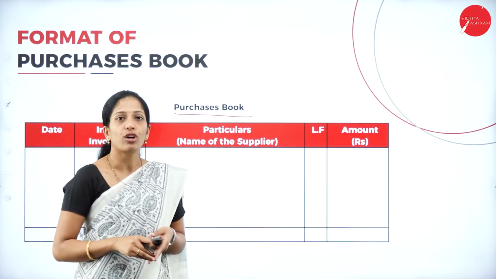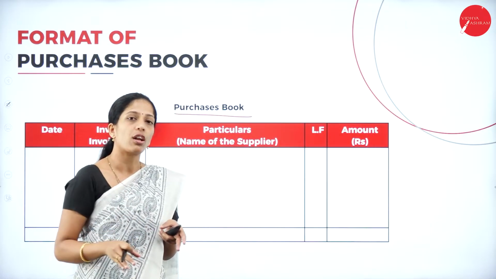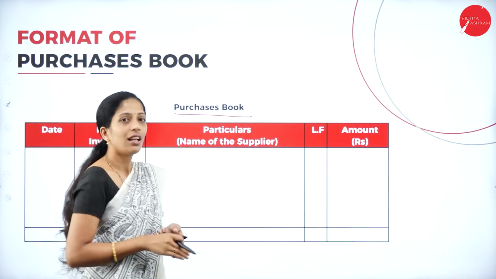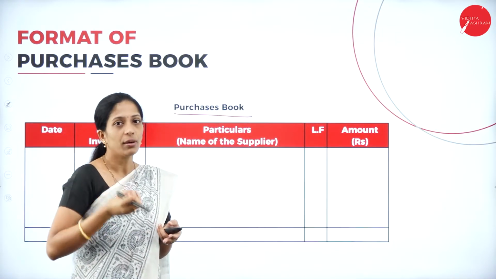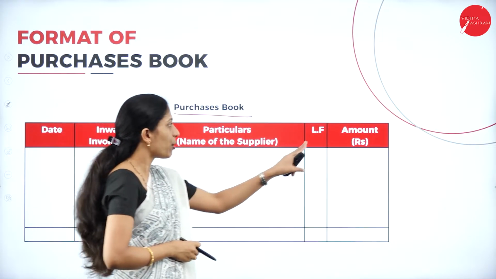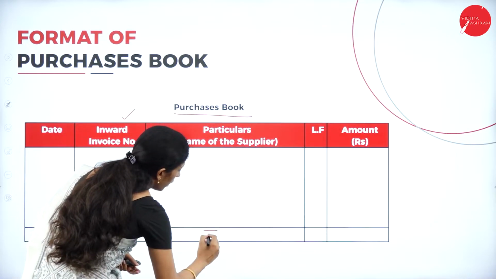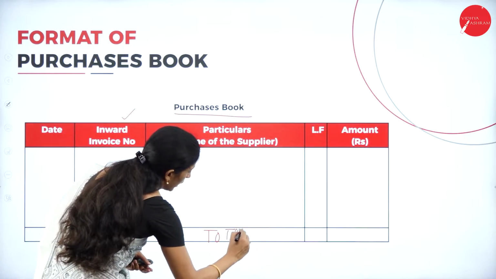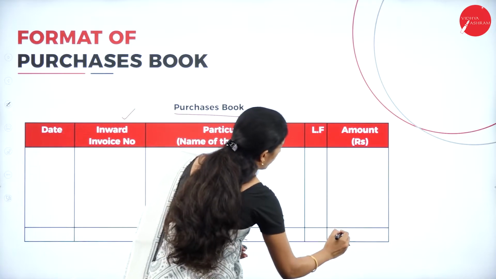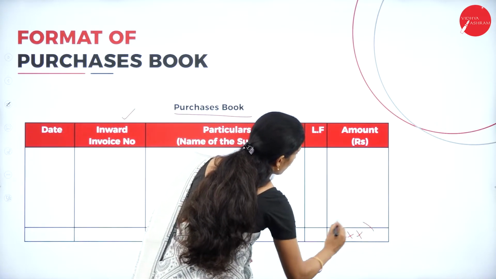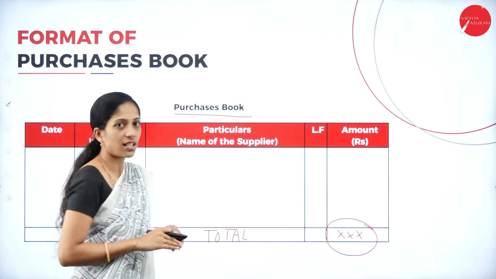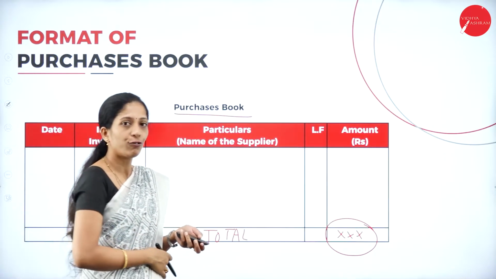Next, ledger folio column, which will normally be blank. Then amount, the amount for which we have purchased the goods. At last you have to total all the amounts and write the total. So this will be the balance of the purchases book. Hope you are clear with the format.